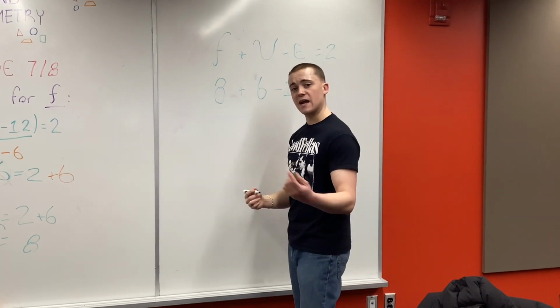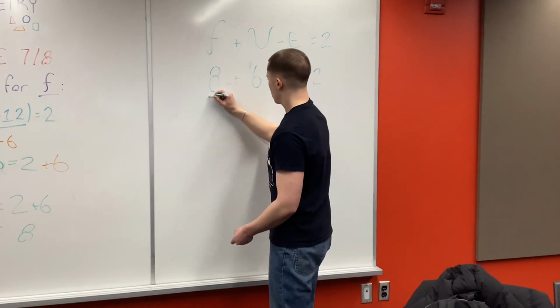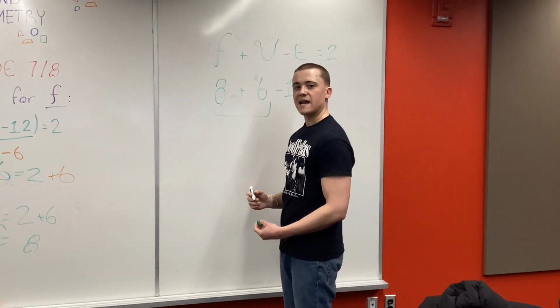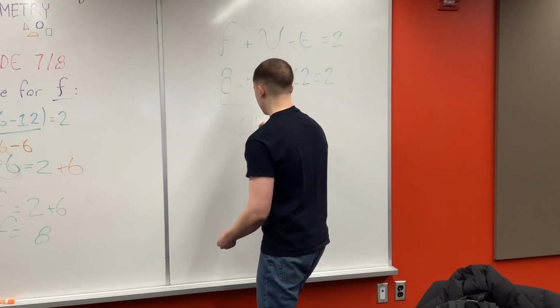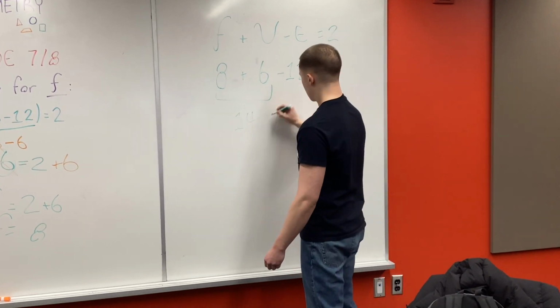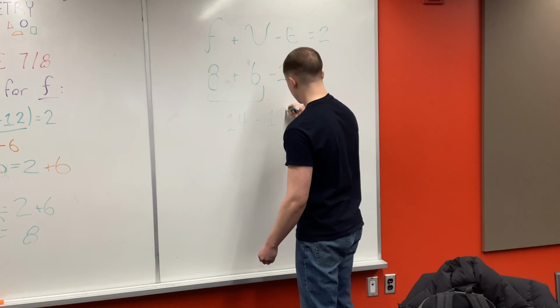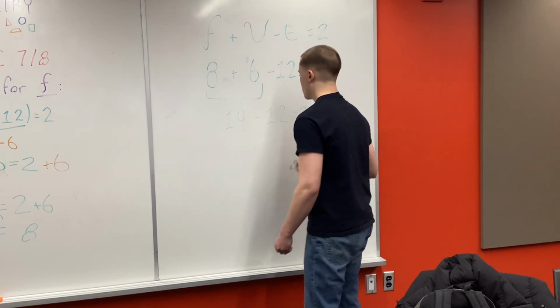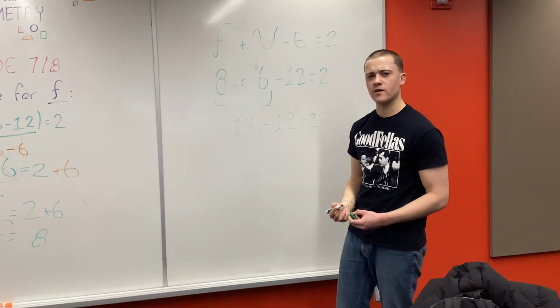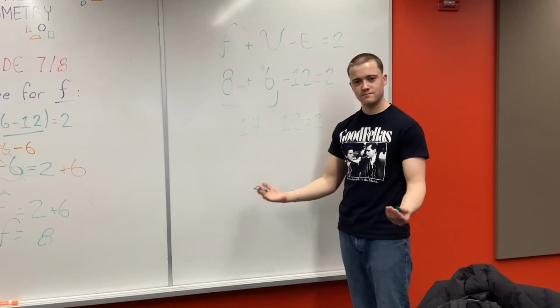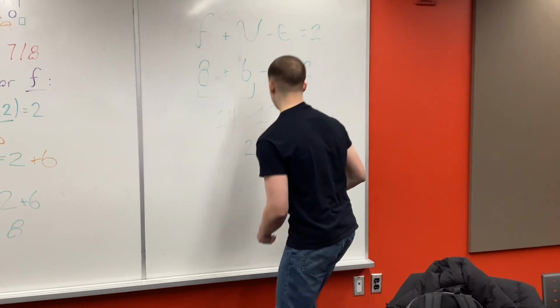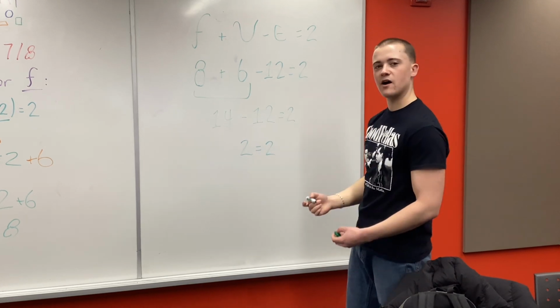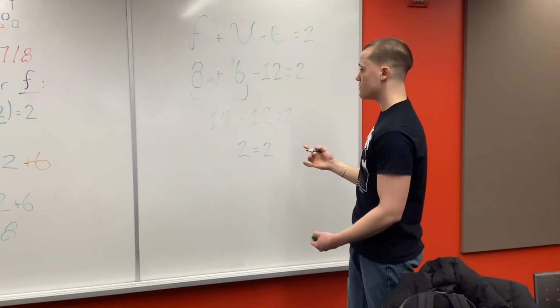Now first, again, using the rules of BEDMAS, we are going to add 8 plus 6 first, which is 14. And then minus 12. Now what is 14 minus 12, guys? 2. There we go. Now using this, we now know that Euler's formula proves these numbers add up.